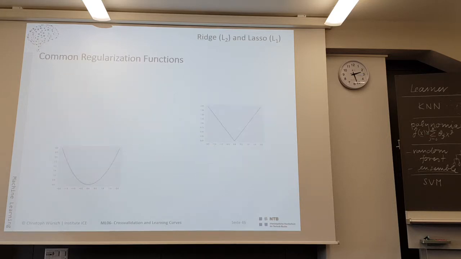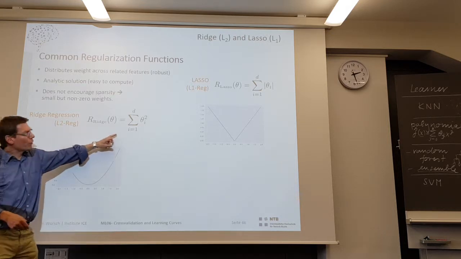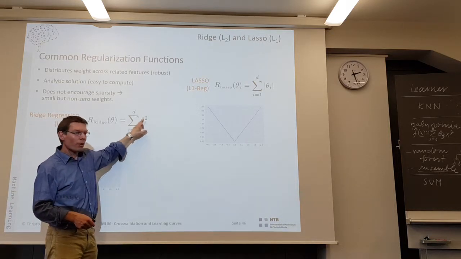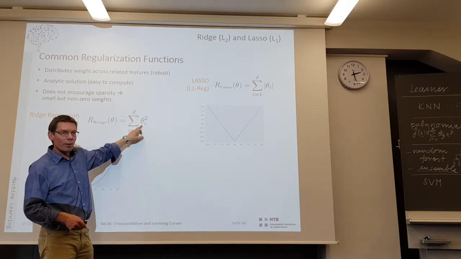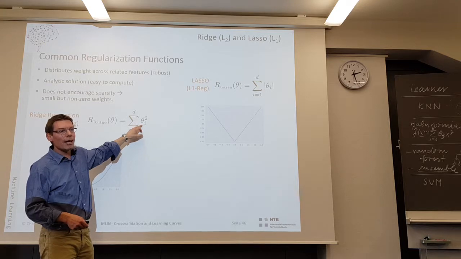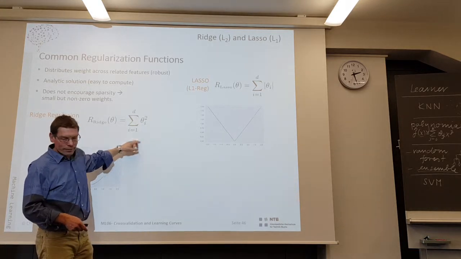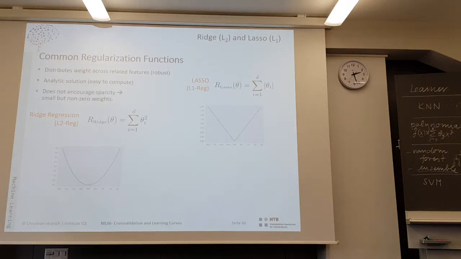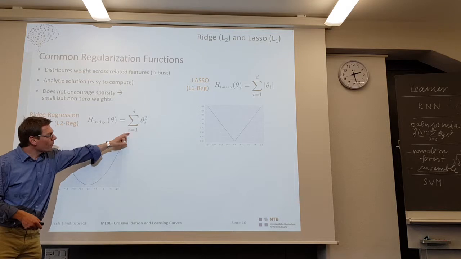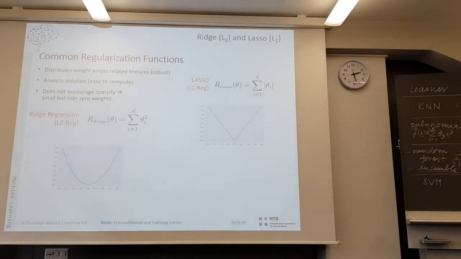But there's a better way to do it, and I just tell it here. We add a penalty which weights the parameters of this polynomial, and the bigger these parameters get, the bigger my error itself gets, depending on the parameter lambda.